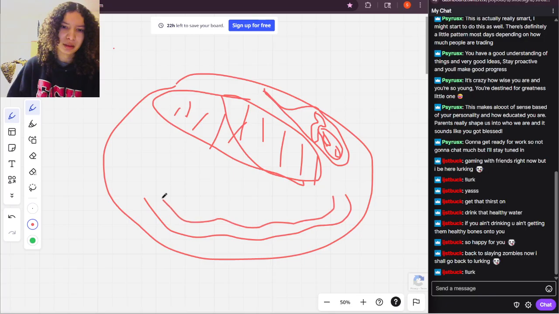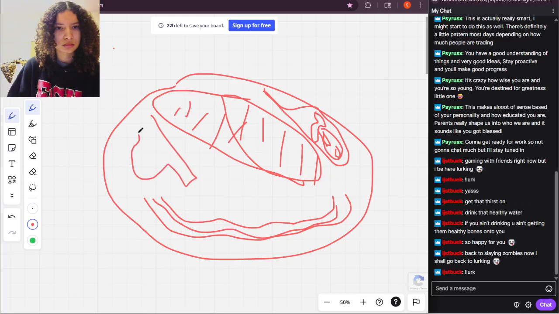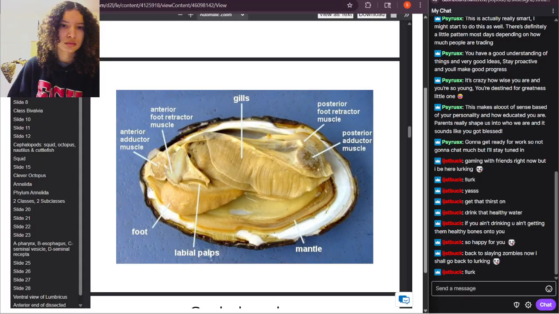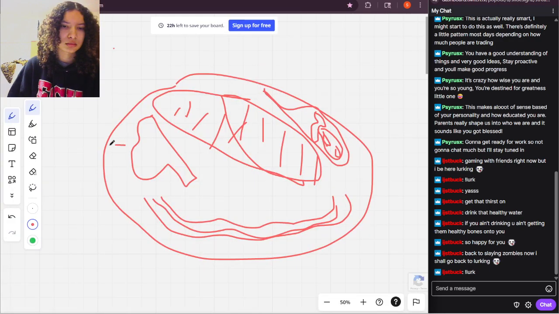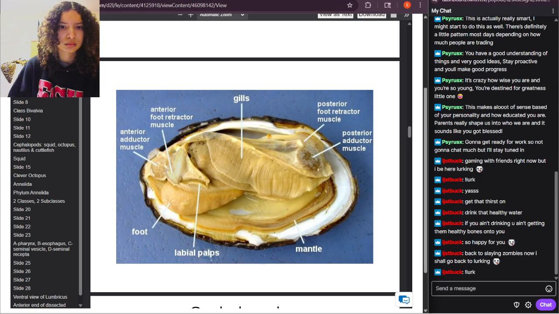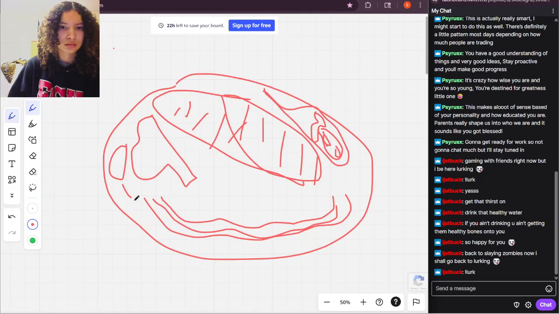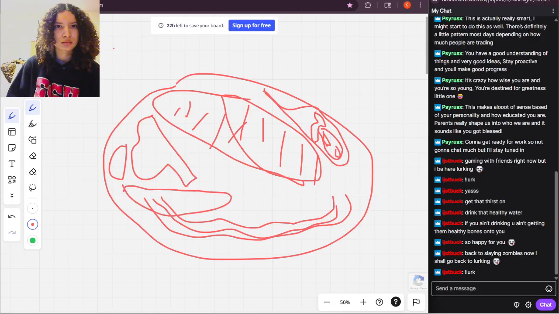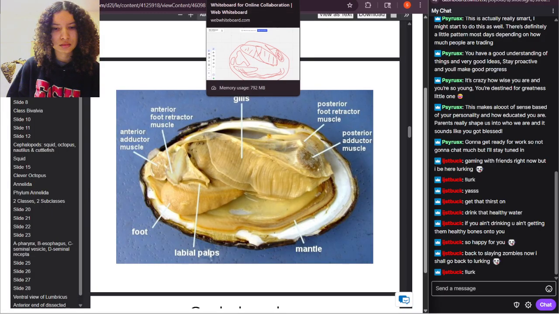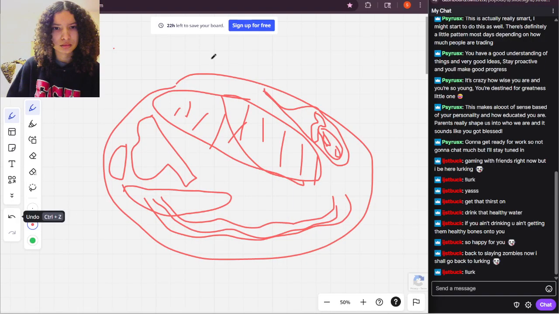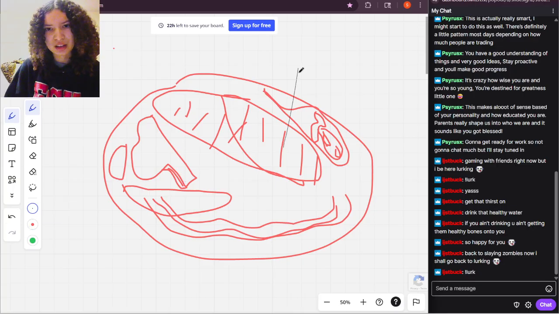And we have this outer part here, the mantle. Okay, let's try to make sense of this.